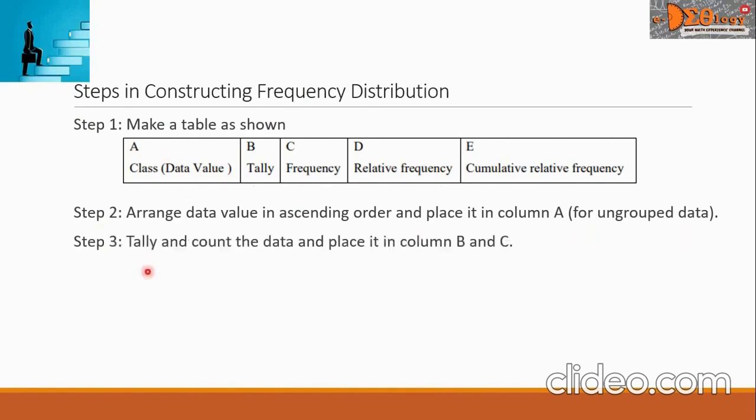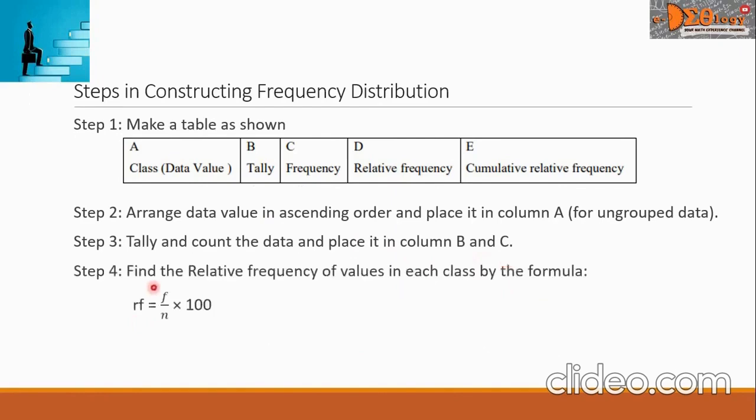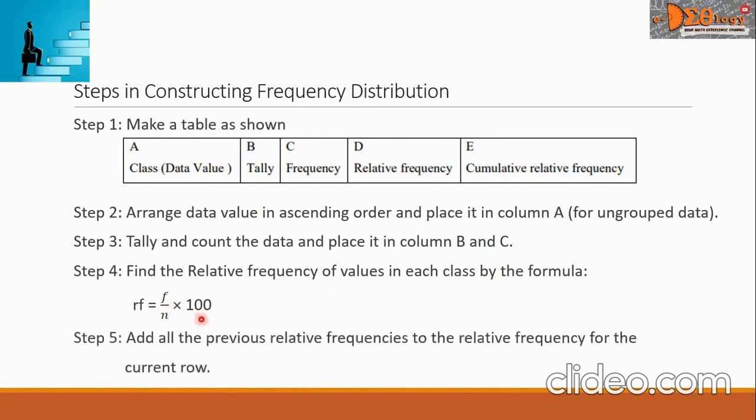Step 3, tally and count the data and place it in column B and C. Step 4, find the relative frequency of values in each class by the formula Rf equals f over n times 100. Step 5, add all the previous relative frequencies to the relative frequency for the current row.